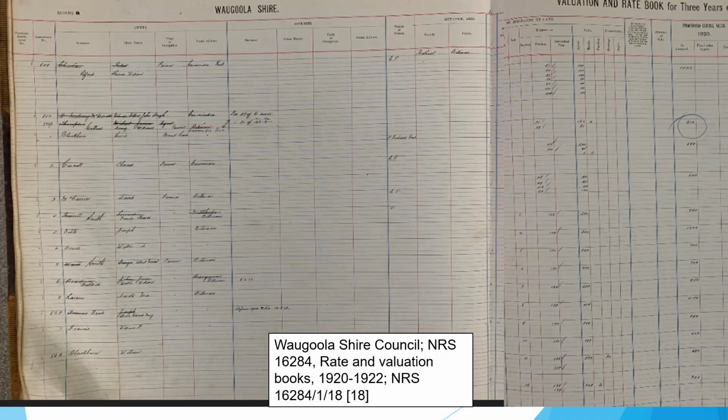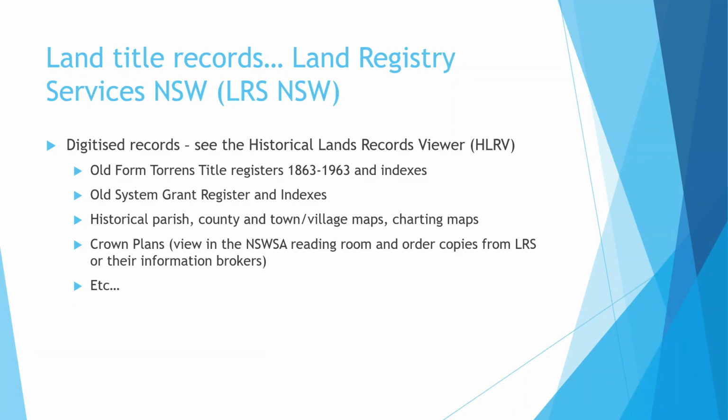Sadly, we didn't have an example from Enfield of a rate and valuation book, so I've just had to pick on or Google a Shire for this just to show you what a rate and valuation book looks like. So it's a one-line entry going across the page there, divided up into columns, and the column heading at the top telling you what each column was about.